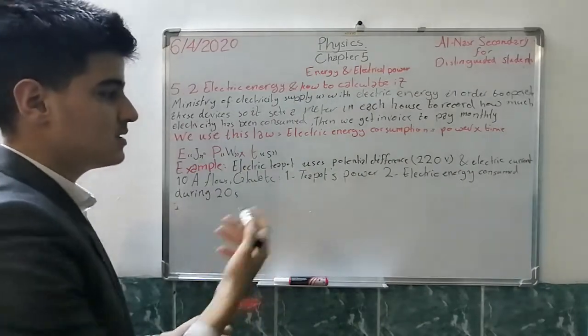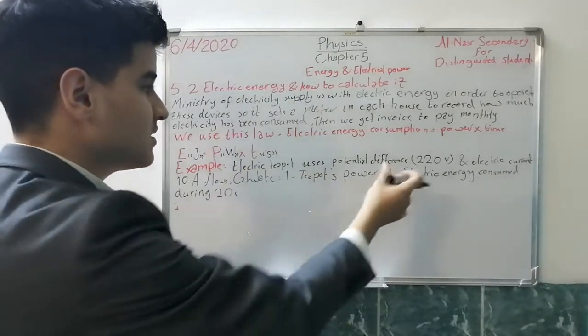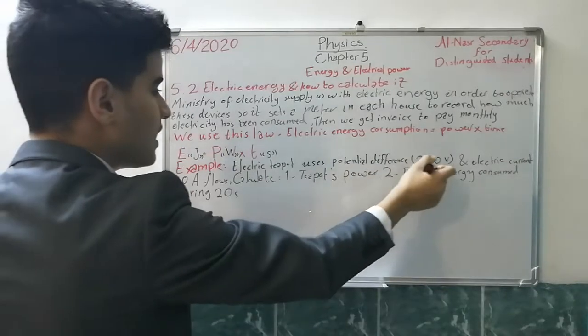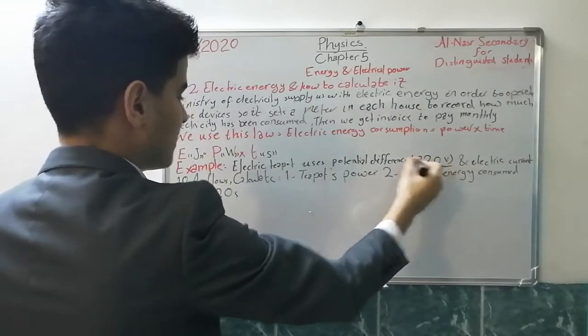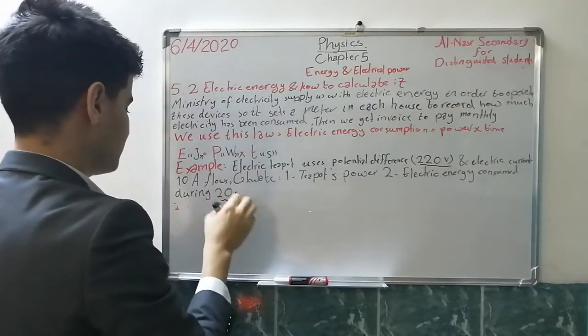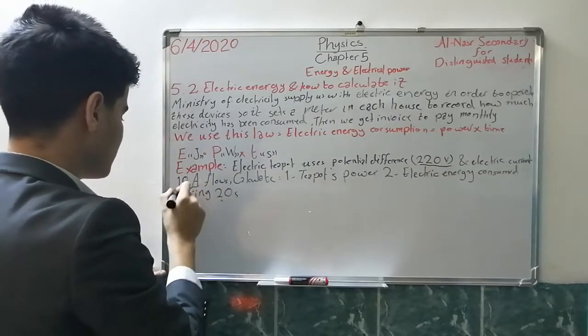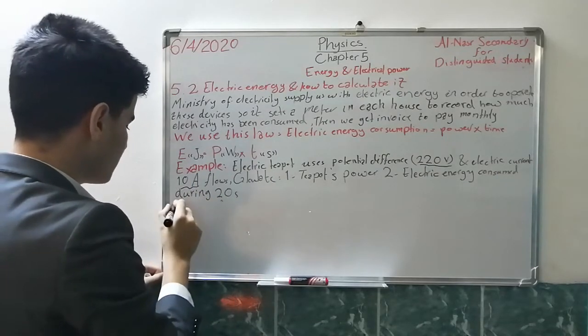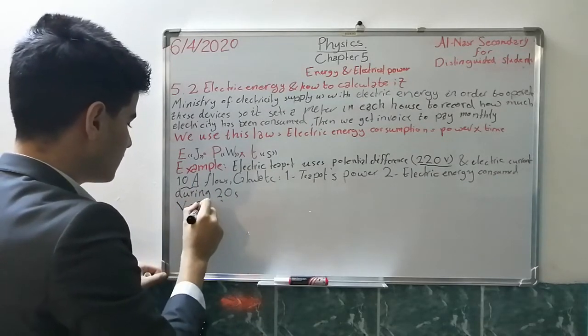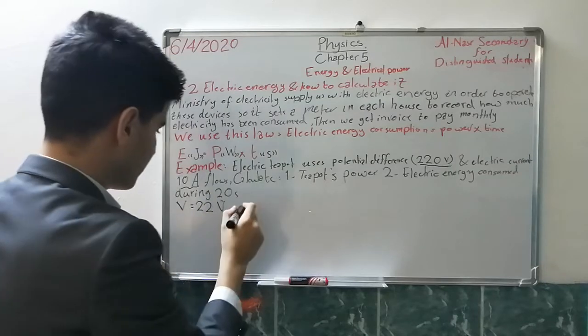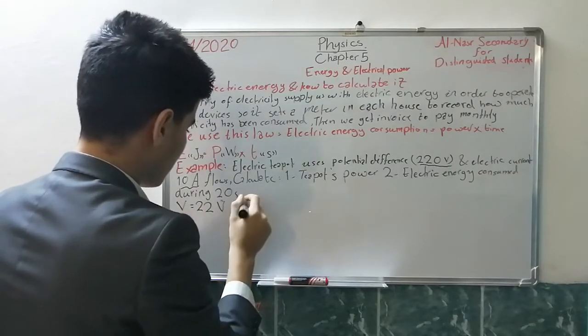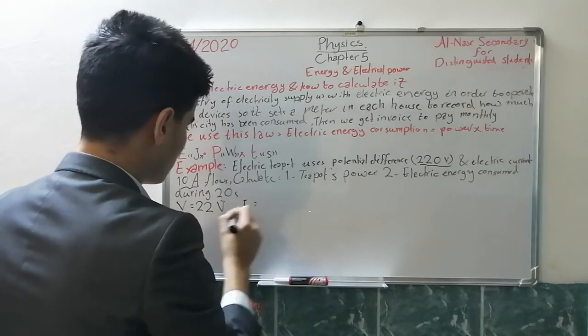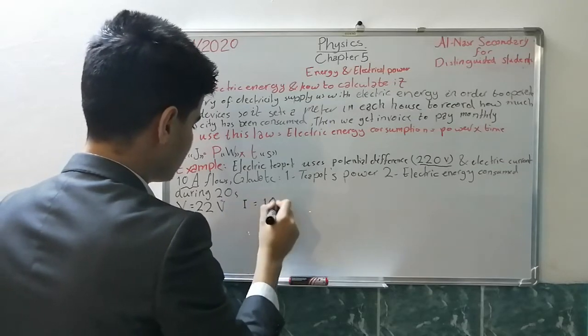If we got this problem, we must write down the information like this: V equals 220 volt and I equals 10 ampere.